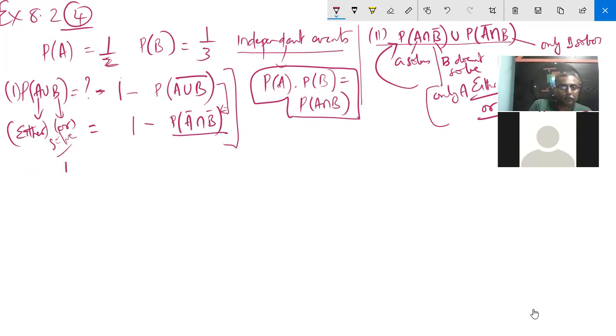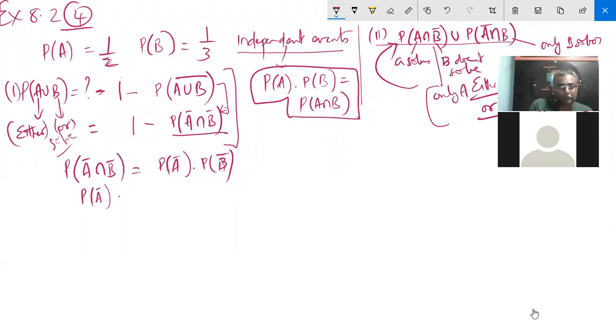Now what you have to do? Find P of A not intersection B not. That is equal to P of A not into P of B not, A bar into B bar, or A complement. This is A not. So what is P of A not? That is equal to 1 minus P of A, which is 1 minus half, equal to half. What is P of B not?